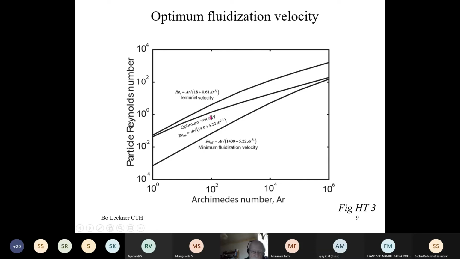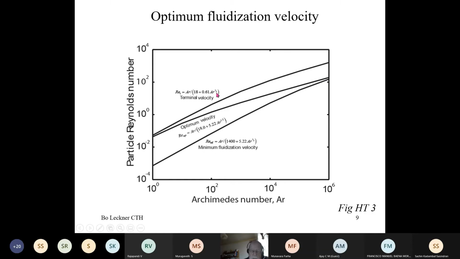But new here is this curve, which is the optimum velocity related to the maximum heat transfer. So it follows a situation where at very low Archimedes number, for small particles, it is close to the terminal velocity, whereas for large particles, it is closer to the minimum fluidization velocity.